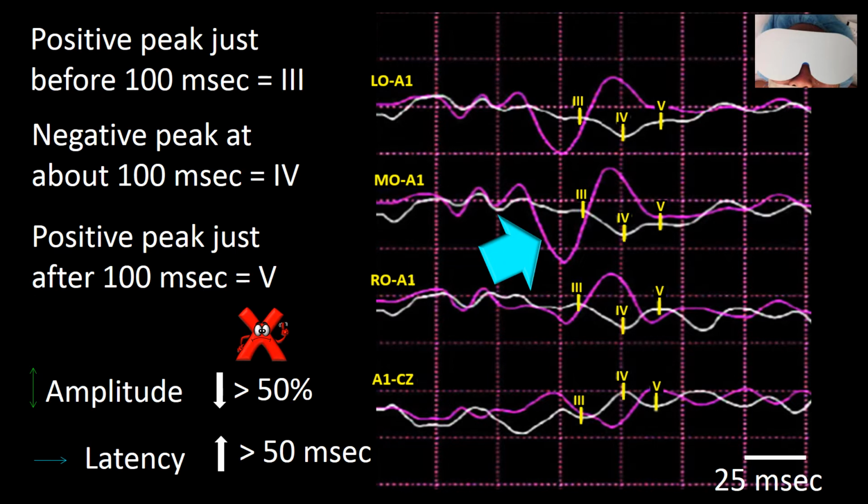The arrow points to the magenta wave, which is the ghost of the normal wave recorded prior to surgery and prior to any problems. Although the arrow was placed pointing to the MOA1 derivation, all other derivations with the same color are also ghost waves.